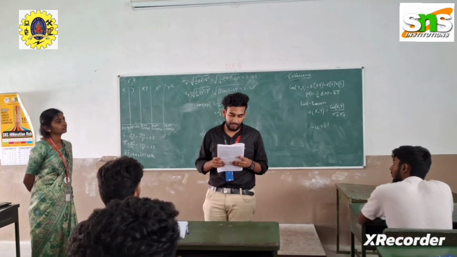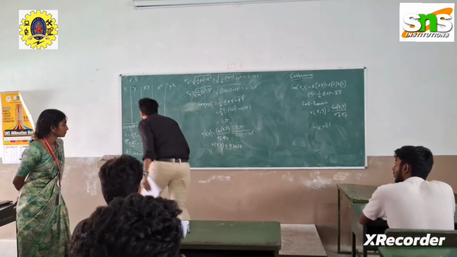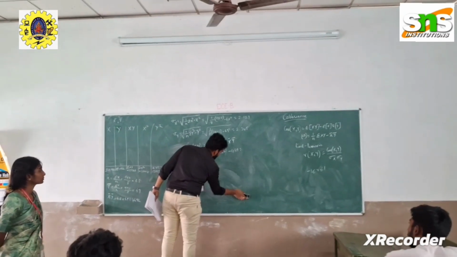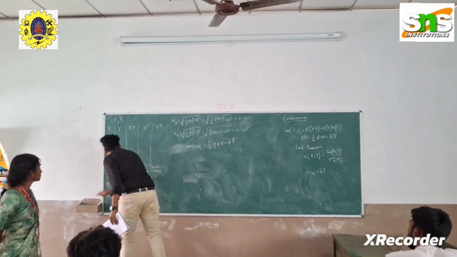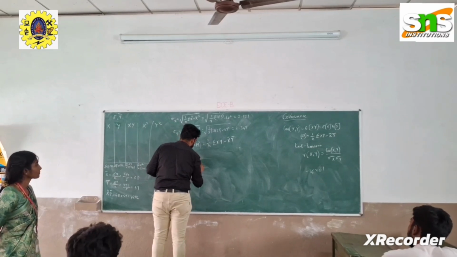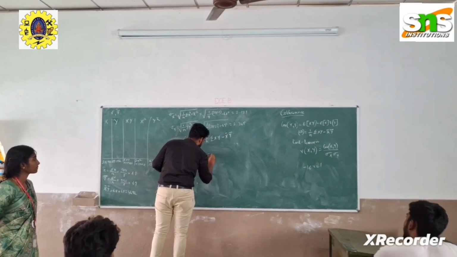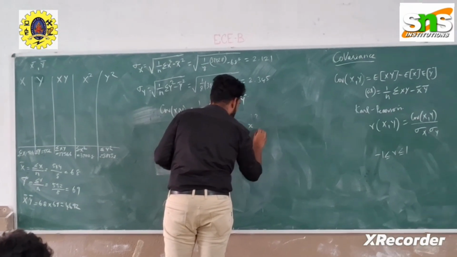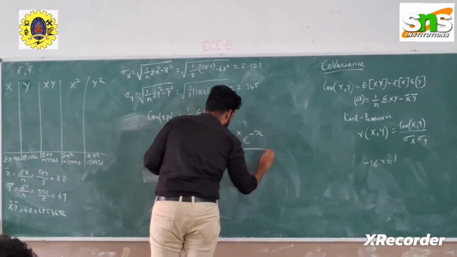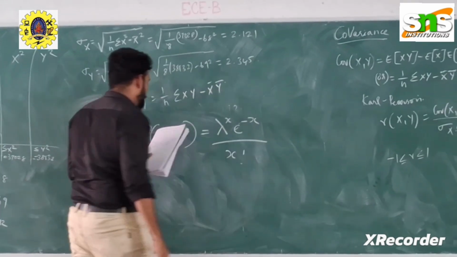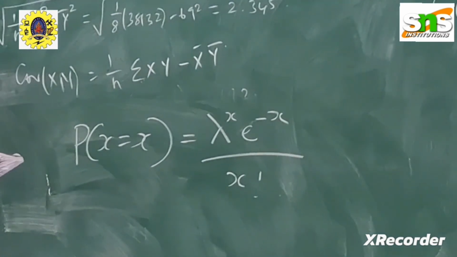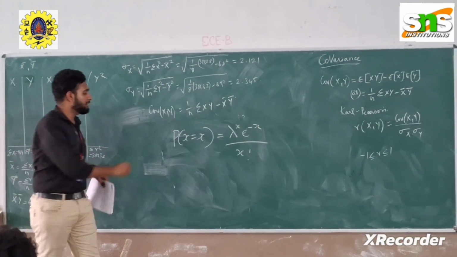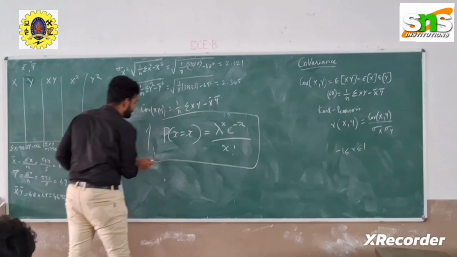So they represent a formula. If X represents the number of calls received in a minute, and the average number of calls is lambda equal to 10, they use this formula to predict the value.